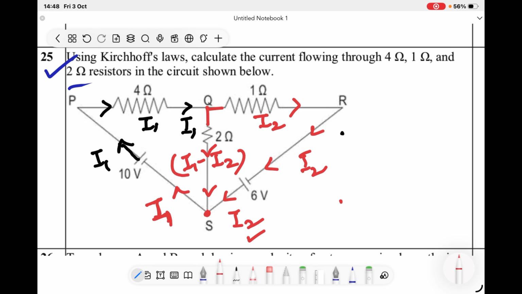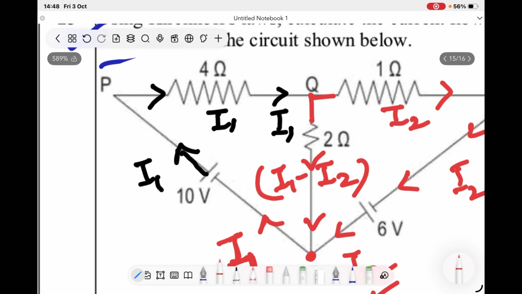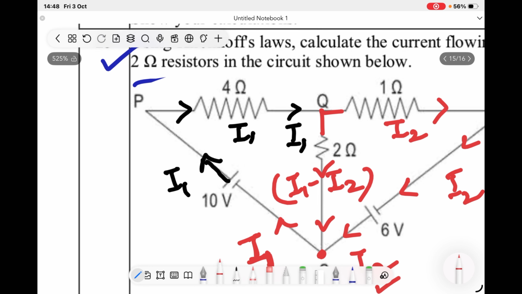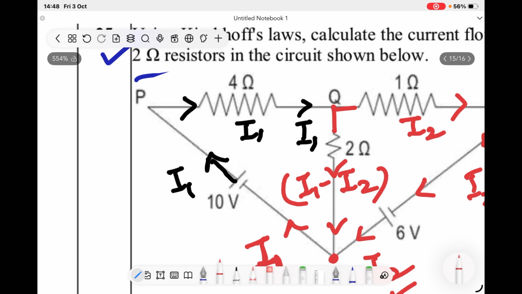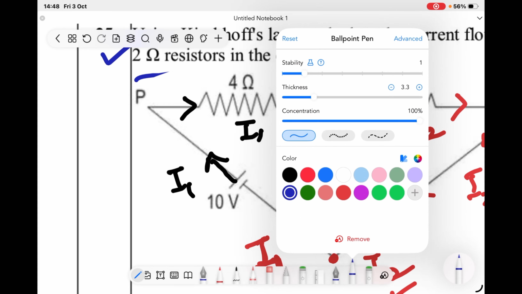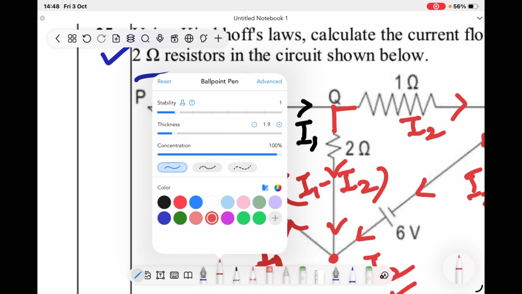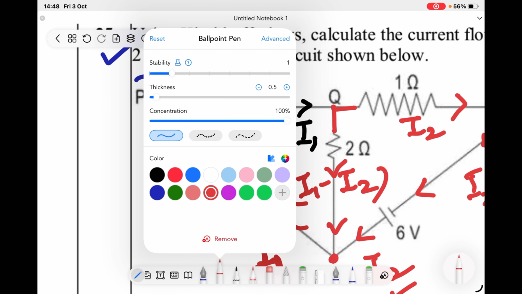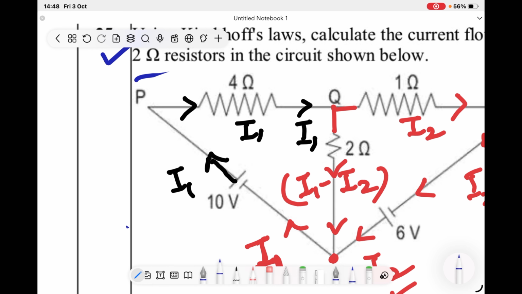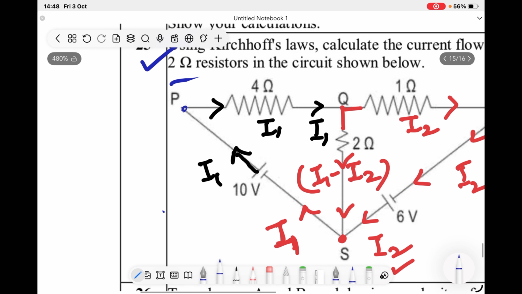Now you can make equations in half loops. Let us make the equation from this left half. I'm starting from here: P, Q, S, P. When we go from P to Q, my resistance is 4 and current is I1.